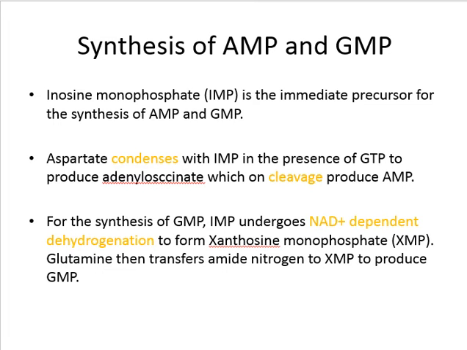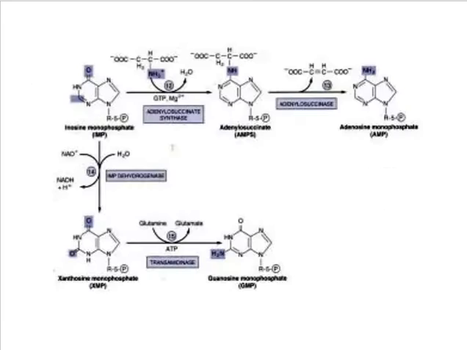So these reactions are elaborated in this diagram. Here we see that we have the precursor or the parent purine nucleotide IMP. This IMP reacts with an amino acid aspartate.